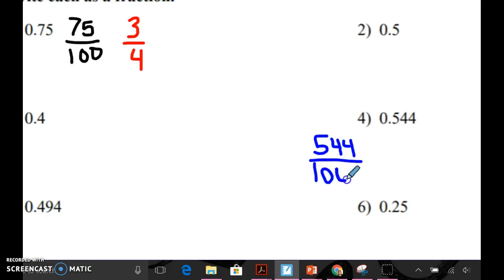And hopefully one thing that you're seeing is however many places are behind the decimal is how many zeros are going to go after the 1. So now pause the video and try to reduce 544 thousandths to lowest terms. And hopefully you got 68 over 125 when you put it in lowest terms.